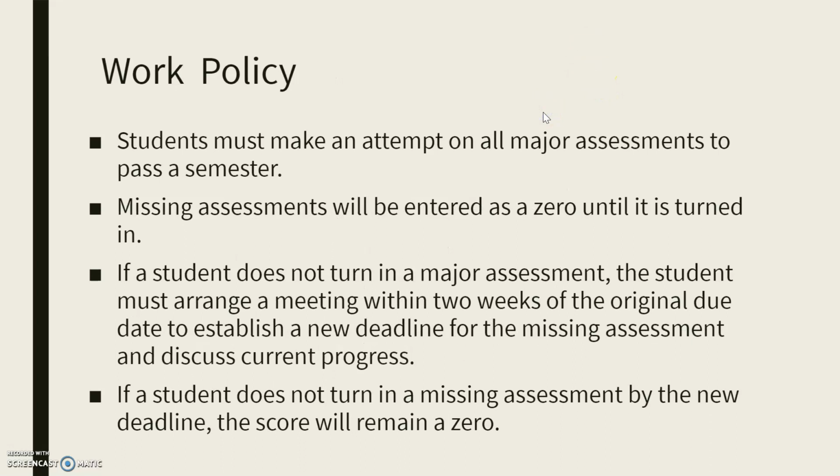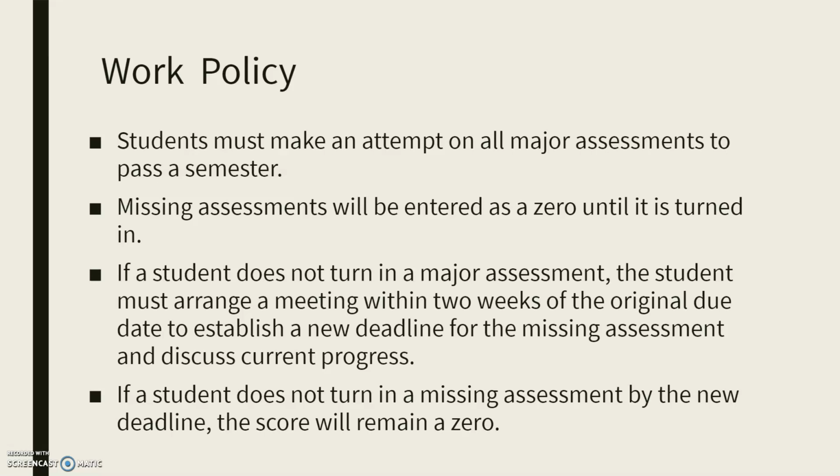The work policy for the course is that students must make an attempt on all major assessments in order to pass the semester. They can't just bow out of writing a paper or doing a presentation because they don't want to. Missing assessments will be entered in as a 0 until it's turned in. If a student does not turn in a major assessment, the student must arrange a meeting within 2 weeks of the original due date to establish a new deadline for the missing assessment and discuss current progress.